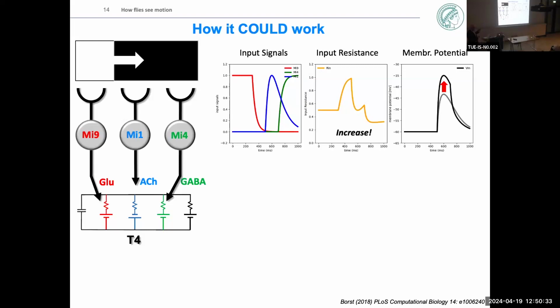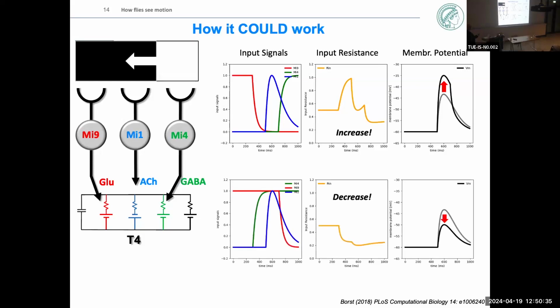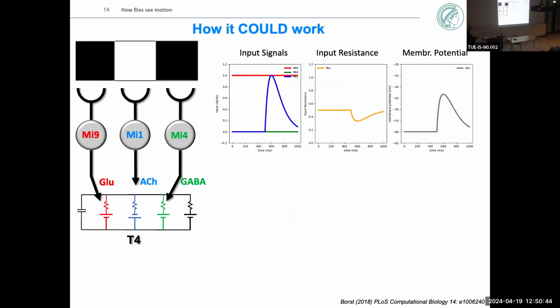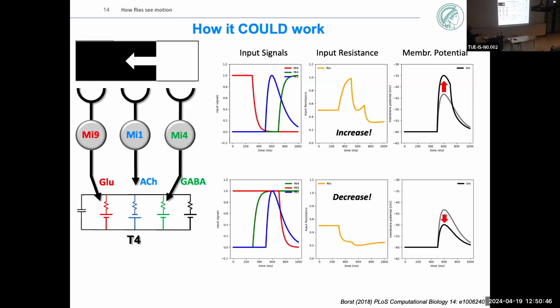That is the idea. For the opposite direction, the two signals of Mi9 and Mi4 overlap, so you have a further decrease of input resistance. Consequently, you have a smaller response than to the Mi1 signal alone in isolation. So this is how it could work.